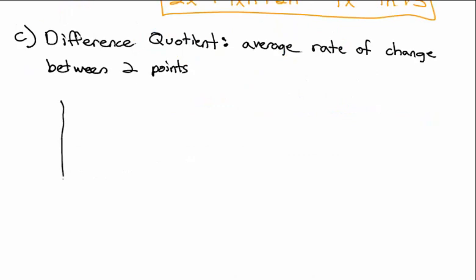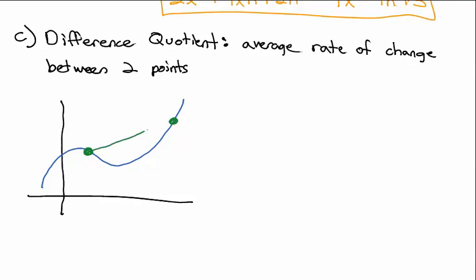I'm going to set this up with a graph. Here's the graph. And I'm going to pick 2 points, one over here on the left and one over here on the right. And to find the average change between those points, we would connect the dots. Now this first point has an x-coordinate of x, and if we plug that into the function, it'll give us f of x for an output.